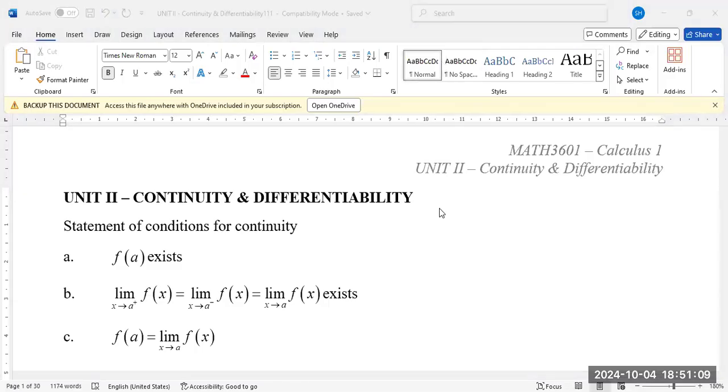I am moving into Unit 2 that speaks about continuity and differentiability. So all that we were doing is just preparation for differentiation.